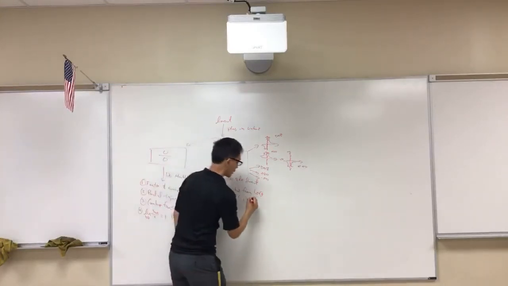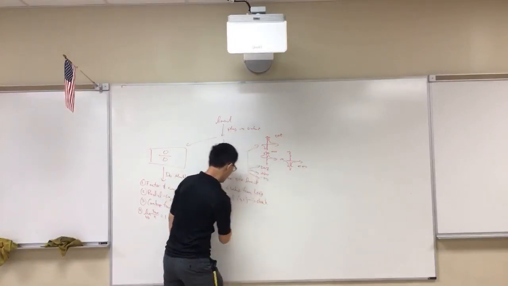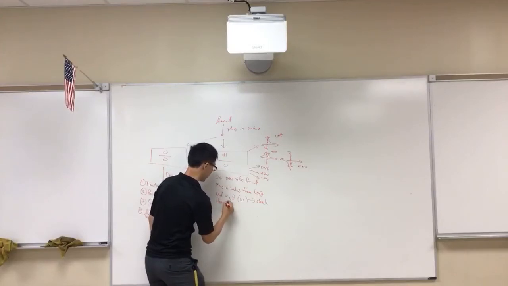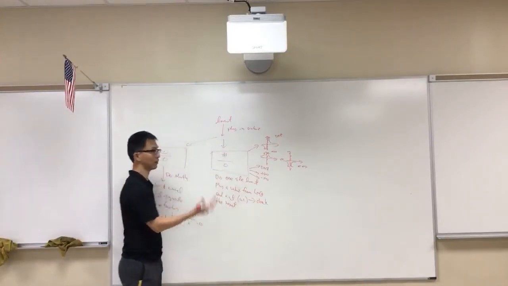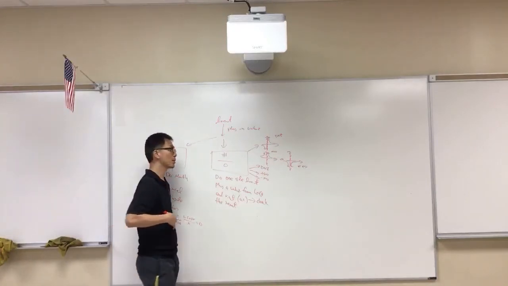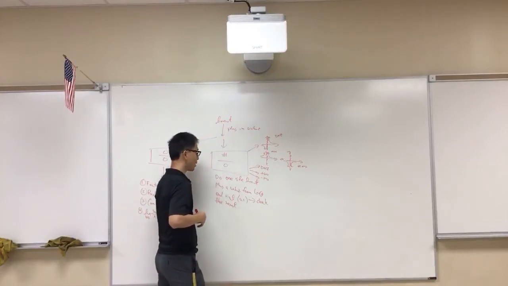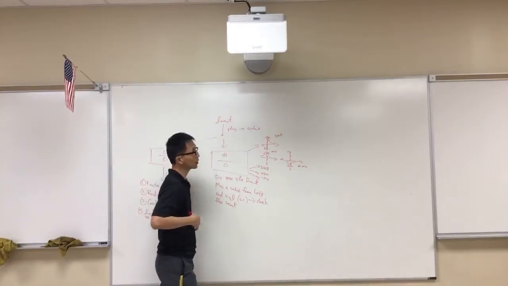And then you check the sign of the result. You don't necessarily check the value, you check whether the result is positive or negative. That's going to give you an answer.